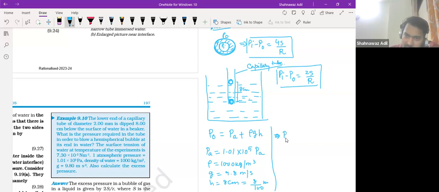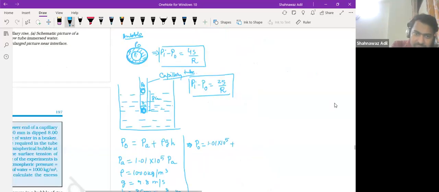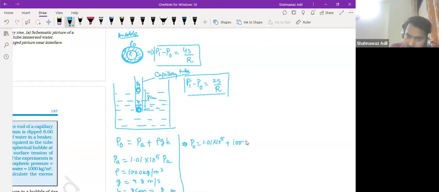So P0 would be PA plus this height term: 1.01 into 10 to the power 5 plus rho, 1000 kg per meter cube, into G, 9.8, into height, 8 by 100. Zeros are cancelled, so this is 1.01 into 10 to the power 5 plus 98 into 8.